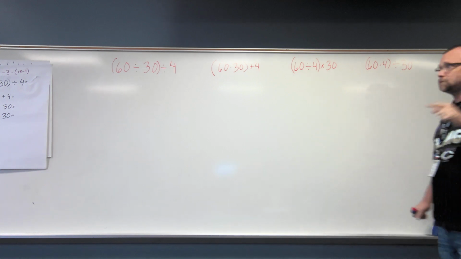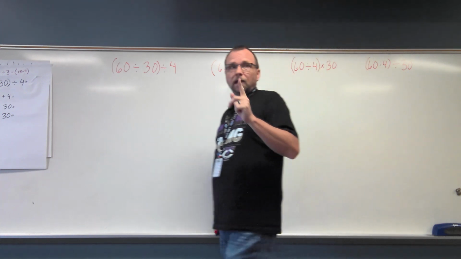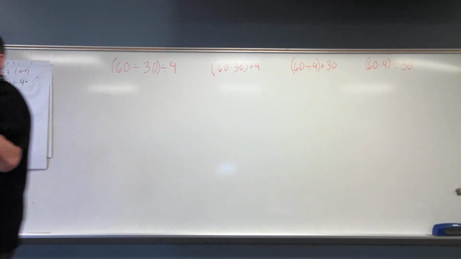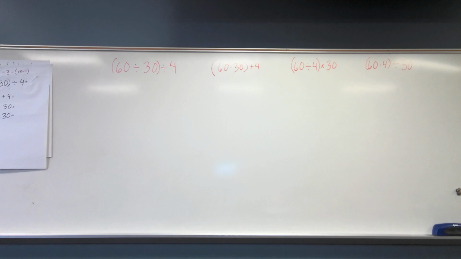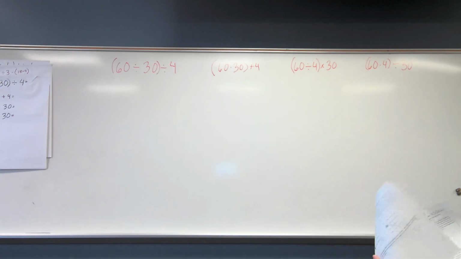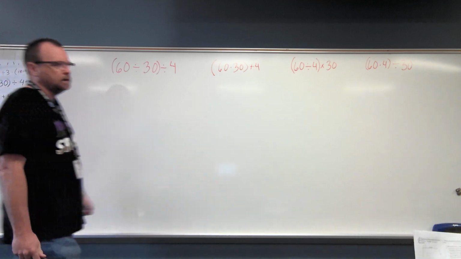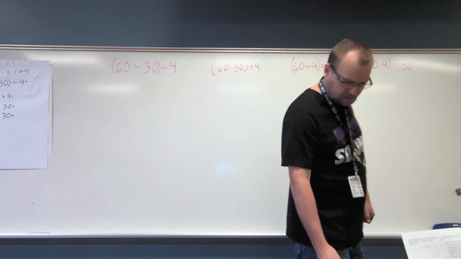What I can't understand is if you had worked out all of the answer choices, how you would miss it. So my suggestion, and hopefully we're learning from our mistakes, my suggestion as we go through is to make sure that we are checking all our answer choices to see if it makes sense.